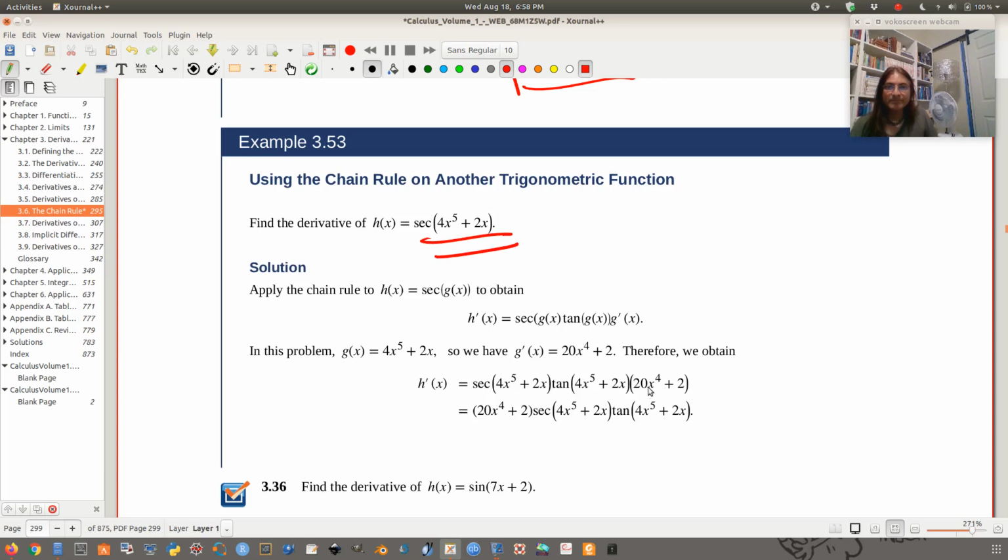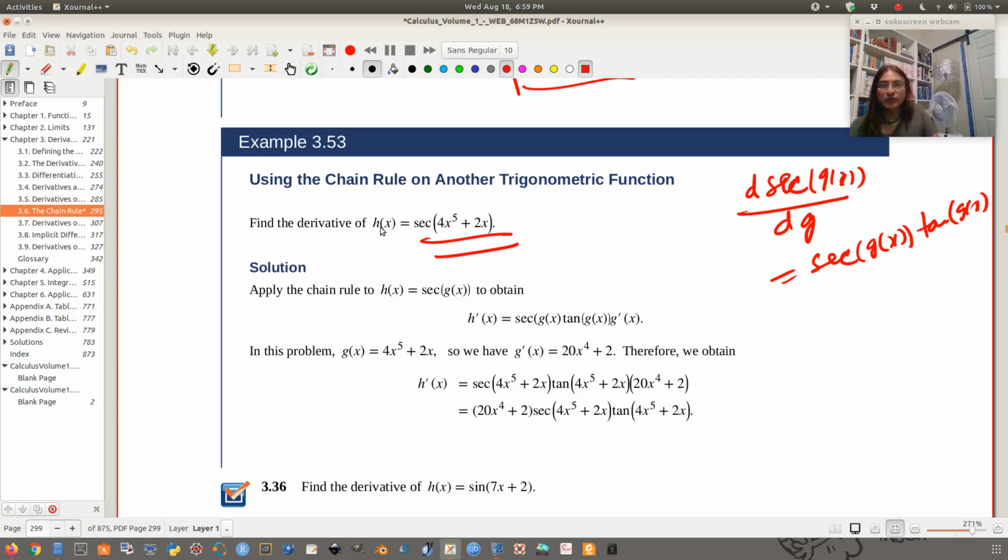Secant. Okay, remember, derivative of secant x is secant x tan x. So if you say derivative of secant of g with respect to g, it will be secant of g times tan of g.